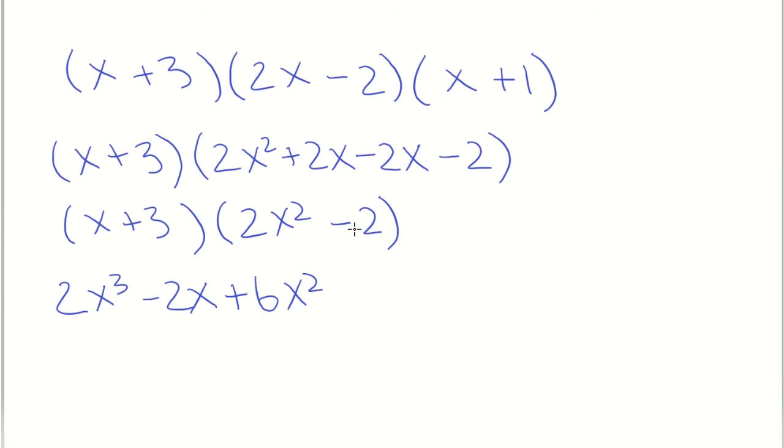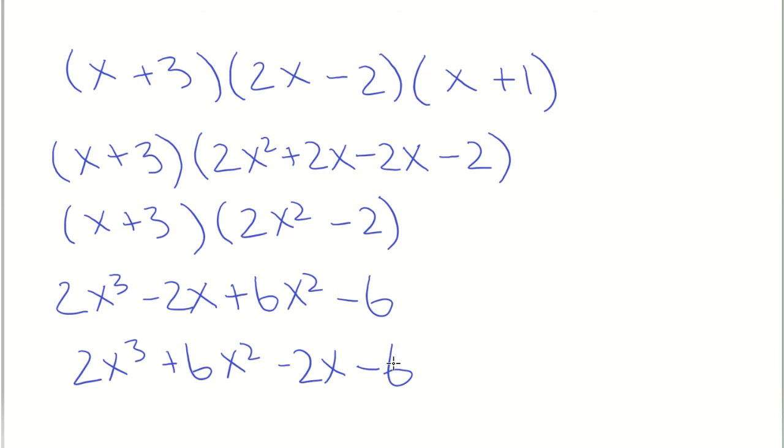And then a 3 times a minus 2 is a minus 6. And you can see that these can't be mixed any more than that. It's as simple as it gets. So if I do it properly, I'm going to have 2x to the third plus 6x squared. I want to put the x squared next, and then the minus 2x, and then the minus 6.